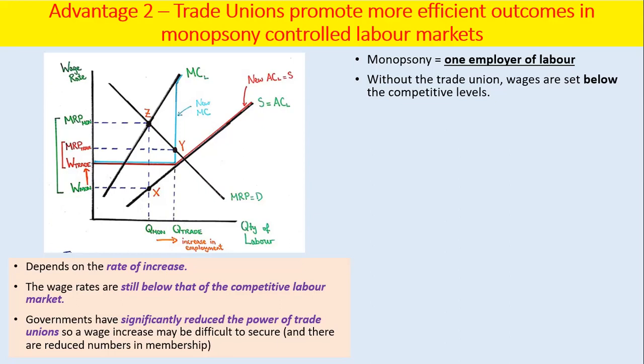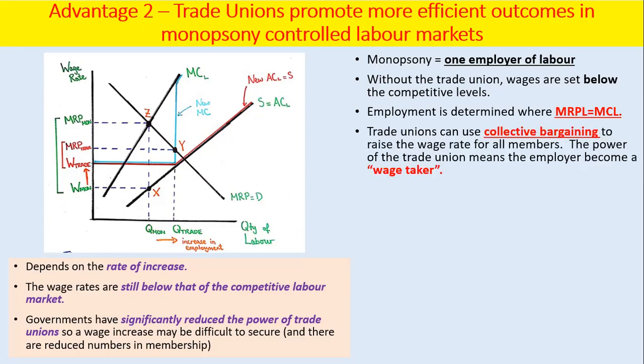So if you look here at point X, wage rates are set below the competitive labour market forces, and in this case, wage rates are significantly below the competitive levels. Employment is determined where MRPL is equal to MCL, where the marginal revenue productivity of labour is equal to the marginal cost of labour.